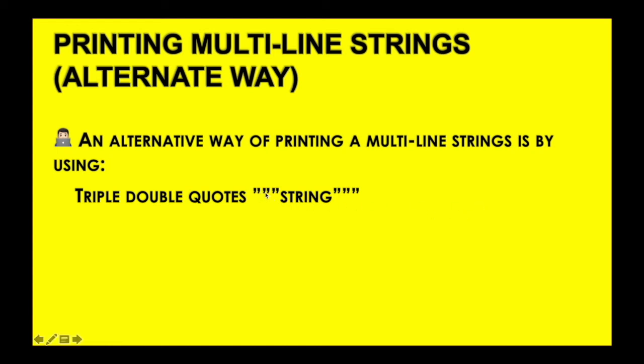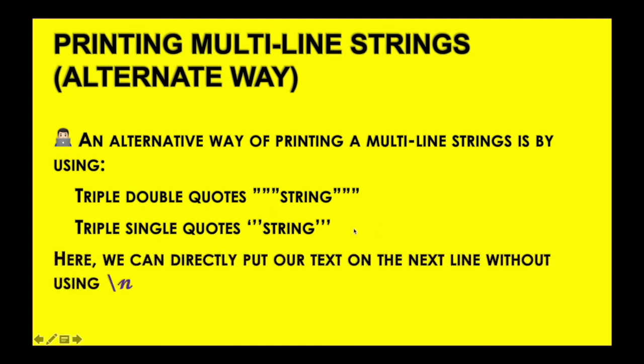So triple double quotes here, then your string or the phrase or the text that you wanted to be an output of your coding, and another triple double quotes. Or the second one, triple single quotes before and after your string. Okay, so here we can directly put our text on the next line without using the backslash n format.